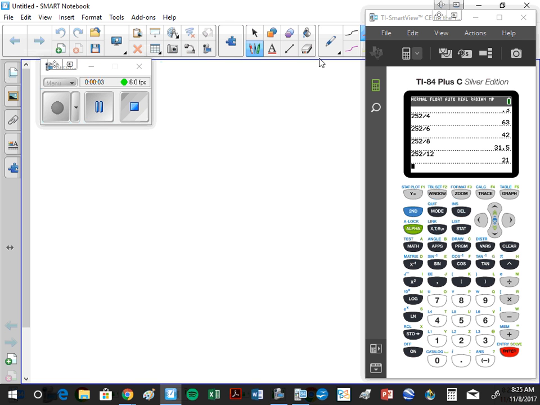Last time I taught, we figured out the vertex using a standard form equation where we ended up finding the roots. If I had y equals x squared minus 6x minus 16, does that factor?